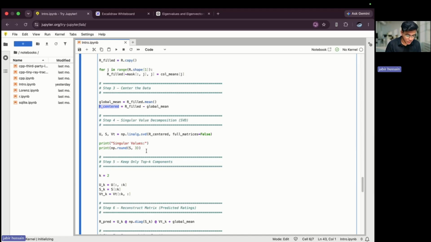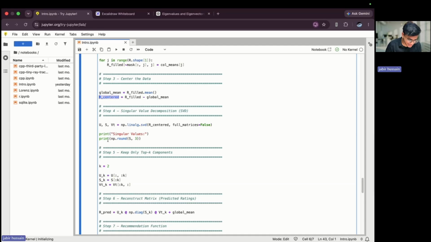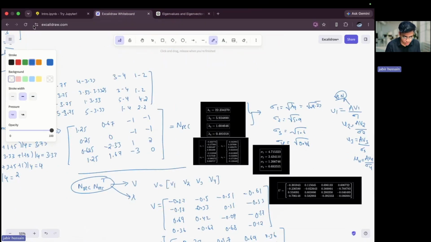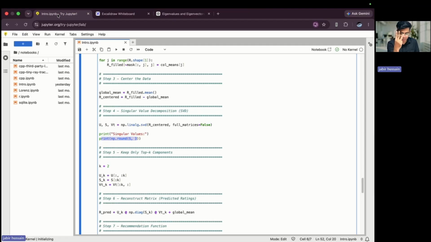Now after that, we are rounding. This line represents what we are doing on the singular values. You can see we got a lot of decimals, and we don't want that, so we are rounding to 3 decimals. Now after finding our matrices, we got complete sigma, complete U, complete V. If you put in the complete sigma and complete values, you will get the original thing directly, but we don't want that.